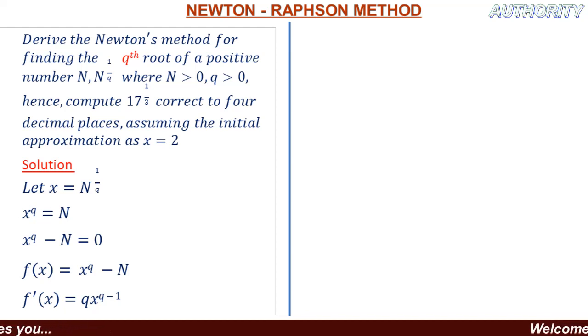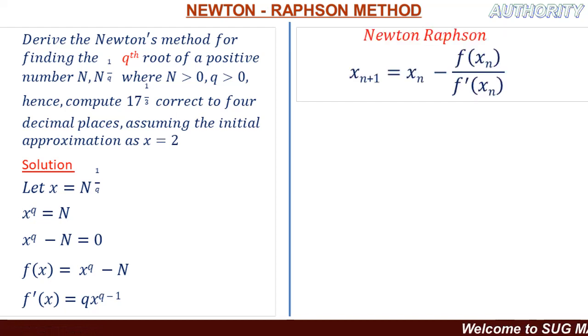Now I'm very sure you still remember the Newton-Raphson formula, right? It says x subscript n plus 1 is equal to xn minus f of xn all over f prime of xn. So here we have our f of xn and our f prime of xn.